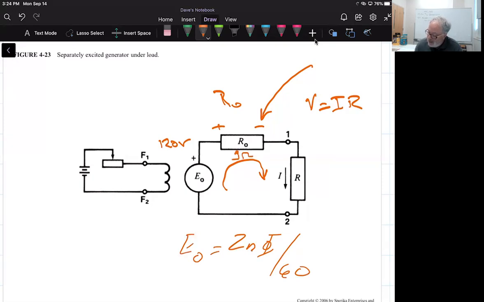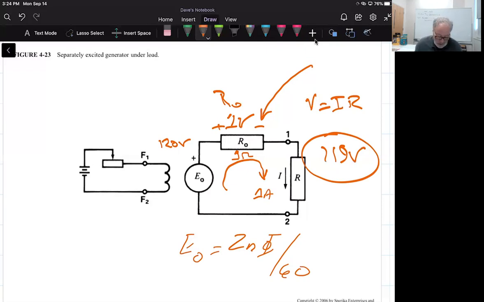For simplicity's sake, let's say there's 1 amp of current flowing. It's basically a series circuit, isn't it? If I have an amp across an ohm, then I would drop 1 volt across this resistance, and the output voltage would be 120 minus 1, or 119 volts. That's what the load would actually see, less than the armature voltage.